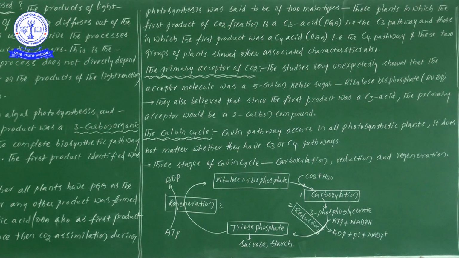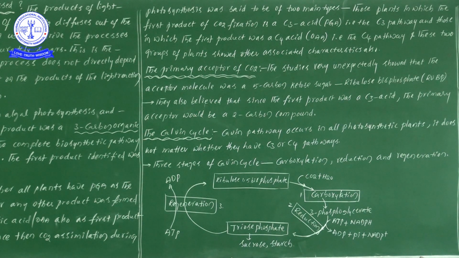When the scientists found that different types of organic acids or products are formed in photosynthesis, they divided the photosynthetic pathways into 2 main types. Plants in which the first product of carbon fixation is a 3-carbon compound, they termed C3 plants, and C3 plants show the C3 pathway.